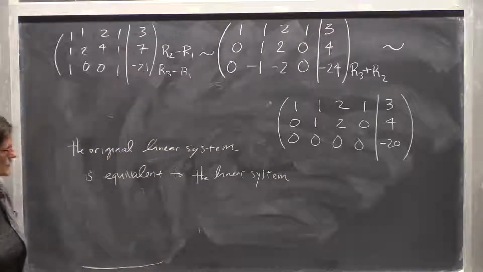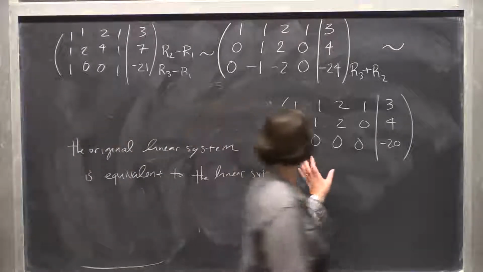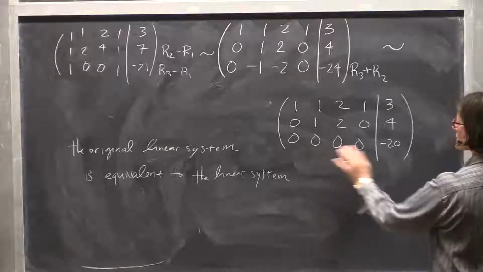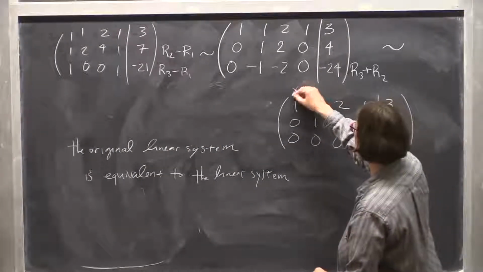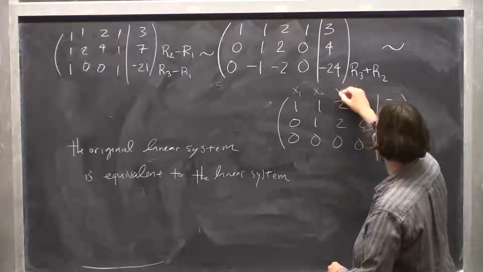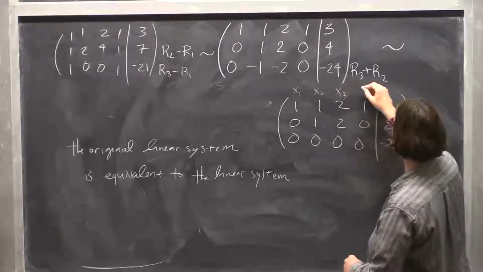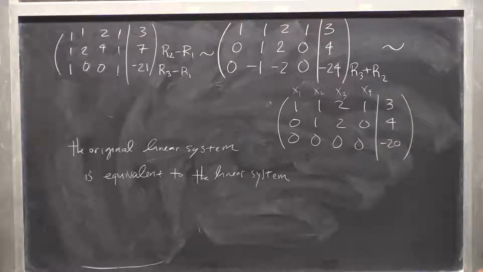So I need to unpack this into a linear system. These are the coefficients. This is the right-hand side. This column represents x1. This column represents x2. This column represents x3. This column represents x4.